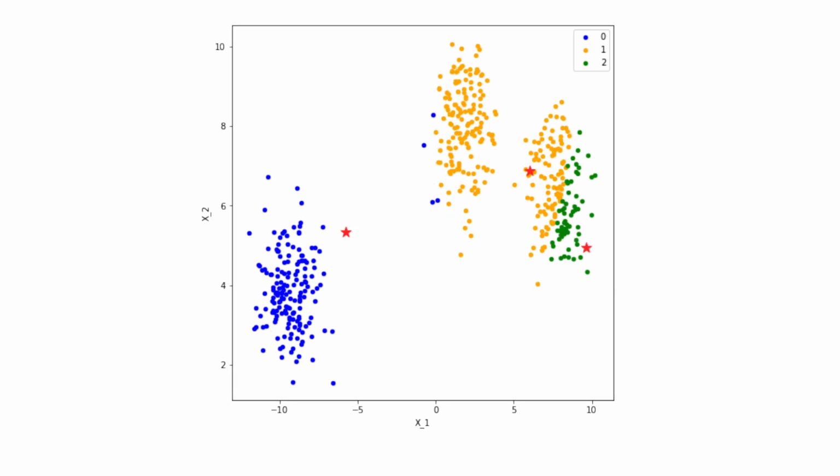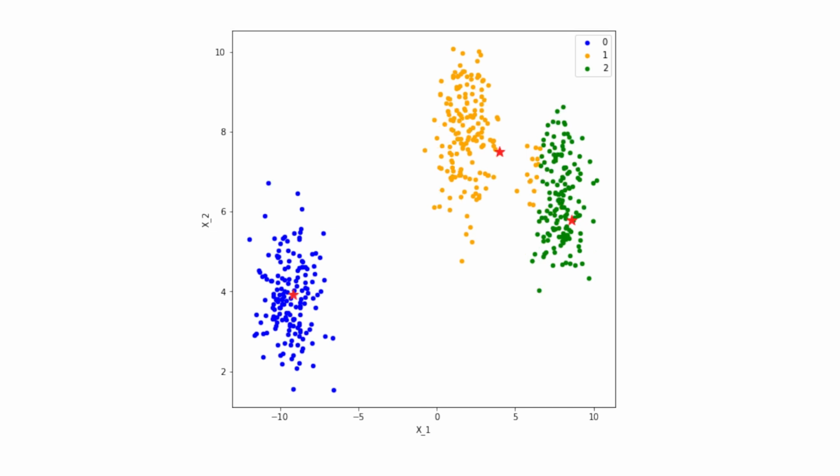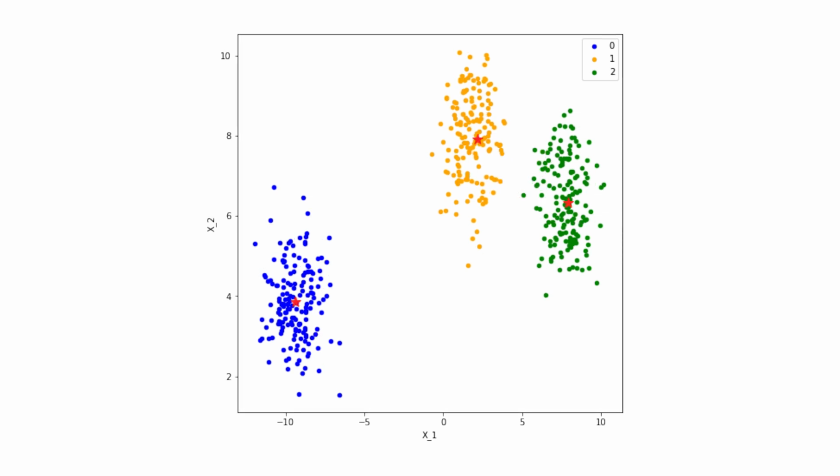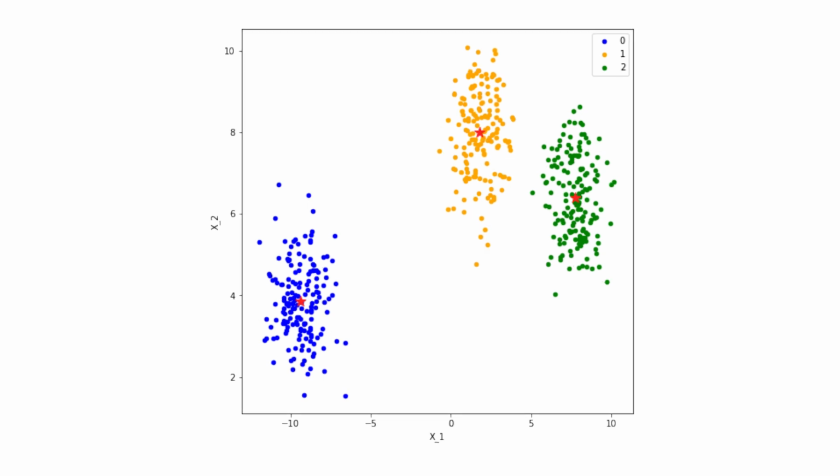As we iterate over the three steps that I have just mentioned, the centroids are getting updated, and so are the point labels. So after 4 or 5 iterations, we have successfully clustered our initial dataset. Voila! Now let us go back to the algorithm and let me explain a couple of points.